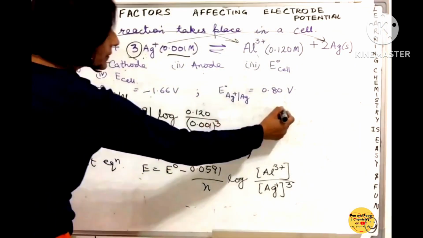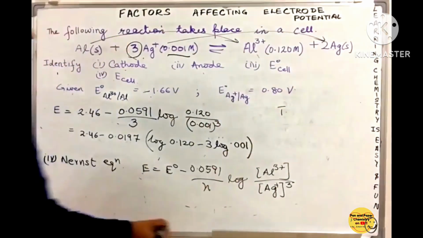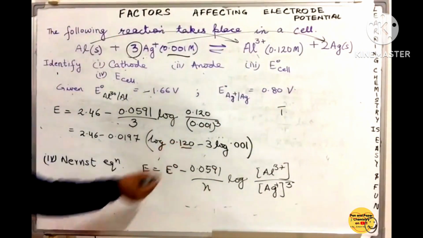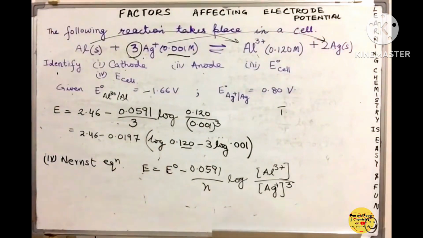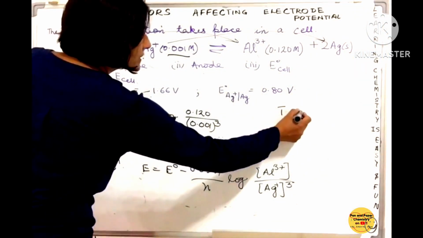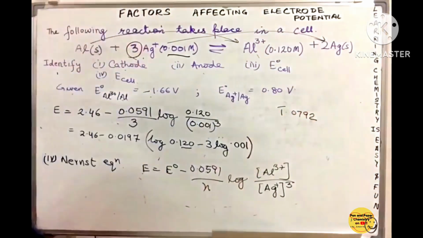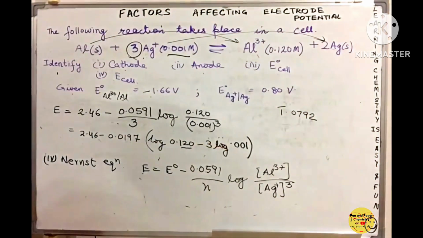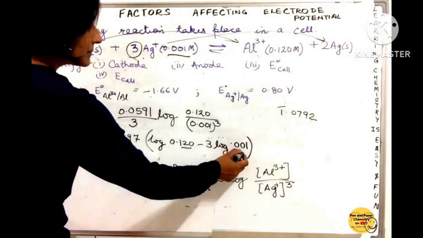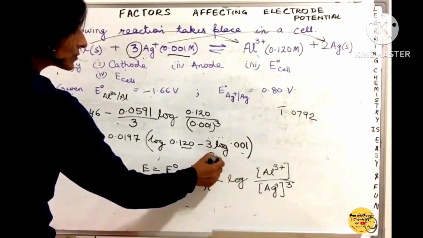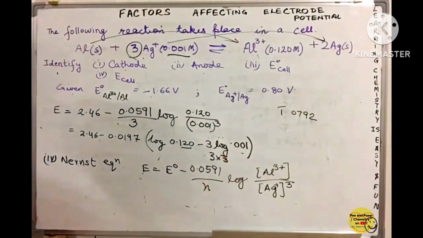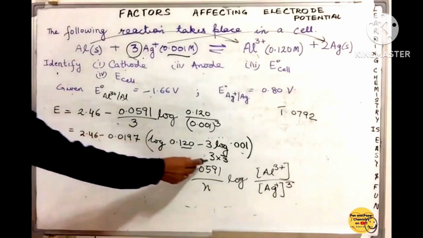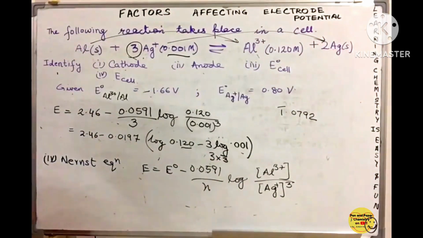Now I'll explain how we do the calculations over here. For 0.120, I will put the characteristic and see the logarithmic tables. 12 under 0 gives me 0.0792. Then 3 into log of 0.001. So this is simply 3 bar. There is only the characteristic; 3 bar gives me 3 times 3 is 9 bar.